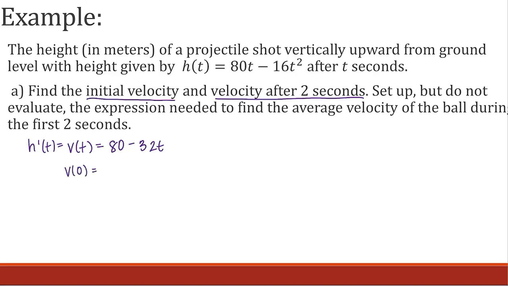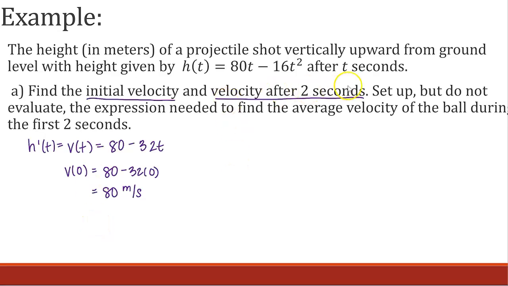So v of 0 is 80 minus 32 times 0. So we get 80, with units being meters per second. The height was in meters. That was the units of h of t. When we took the derivative, it became a rate. So we have meters per the unit of time involved, which is seconds. So this is my initial velocity.